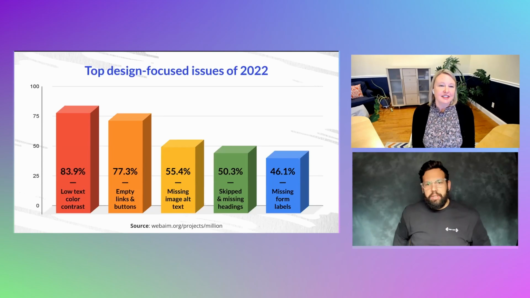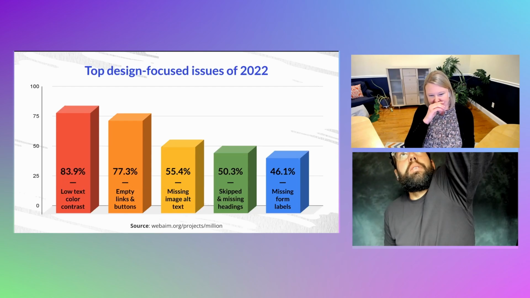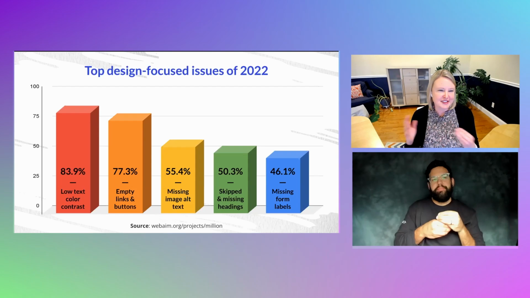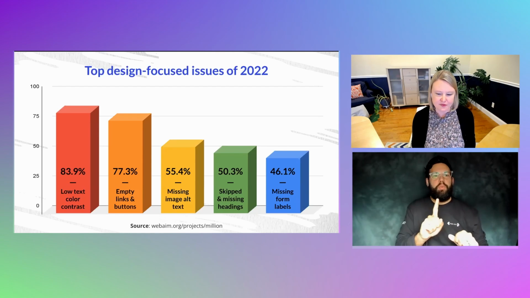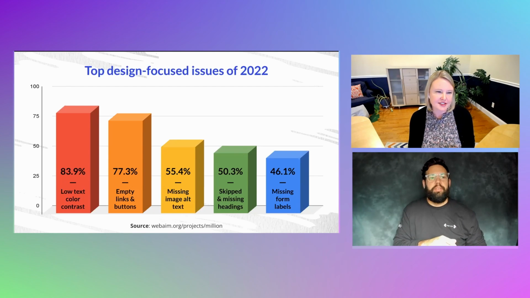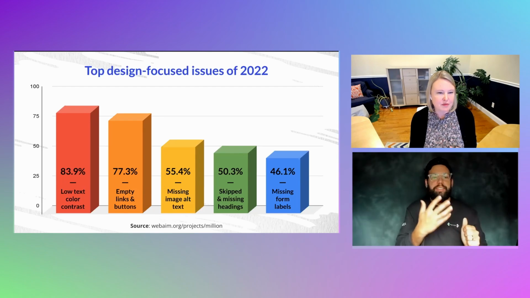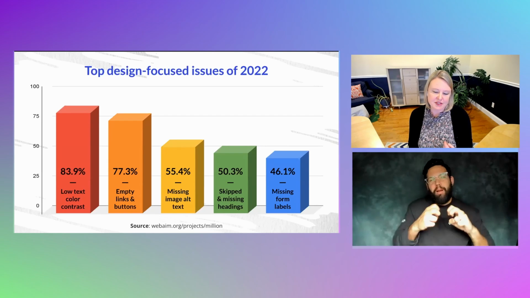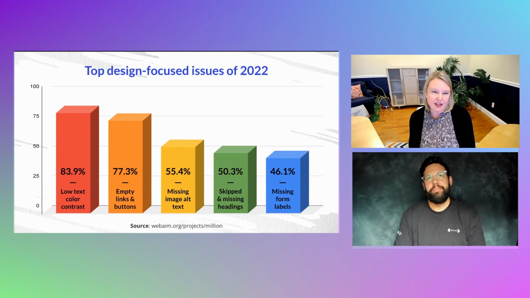All right. Wrapping up towards the end here, just again showing this top design focus issue 2022. And again, this is my idea of what to use with this data set. So again, we have that 83.9% for low text color contrast, 77.3% for empty links and buttons, 55.4% for missing image alt, 50.3% for skipped and missing headings, and 46.1% for missing form labels.